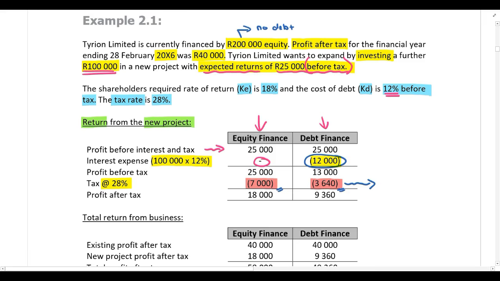And we saw that in our lecture notes. One of the benefits of debt finance is interest is tax deductible. So it decreases the tax expense or the tax that is payable to SARS. Whereas if they use equity finance, they have to pay more tax to SARS because dividends are not tax deductible.